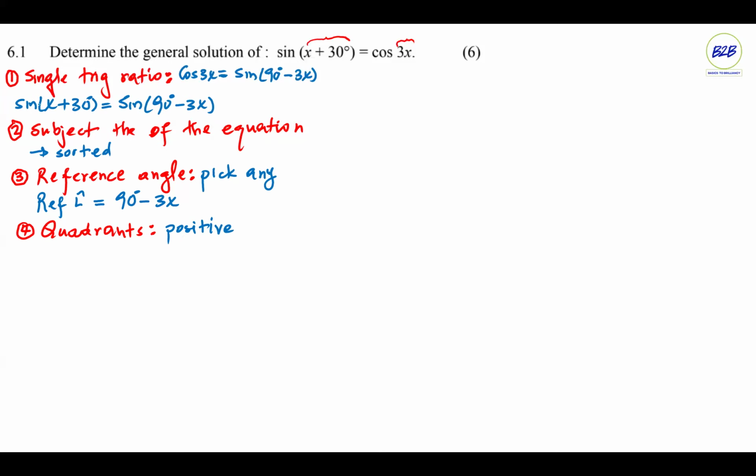In this case, the trig ratio is sine. So sine is positive in the first quadrant and also in the second quadrant. And folks, that is how we do step 1, step 2, step 3, and step 4. And then we will go to our very last step, which is step 5, to solve, therefore, for our angle.